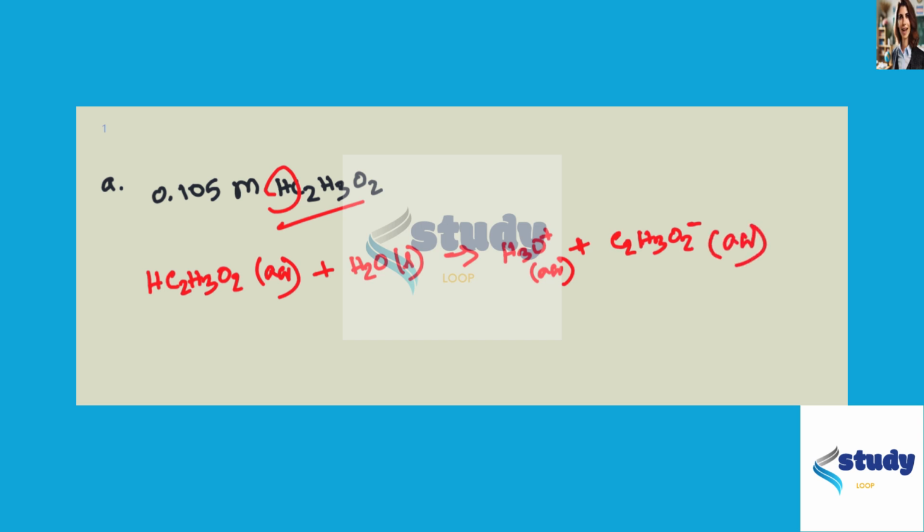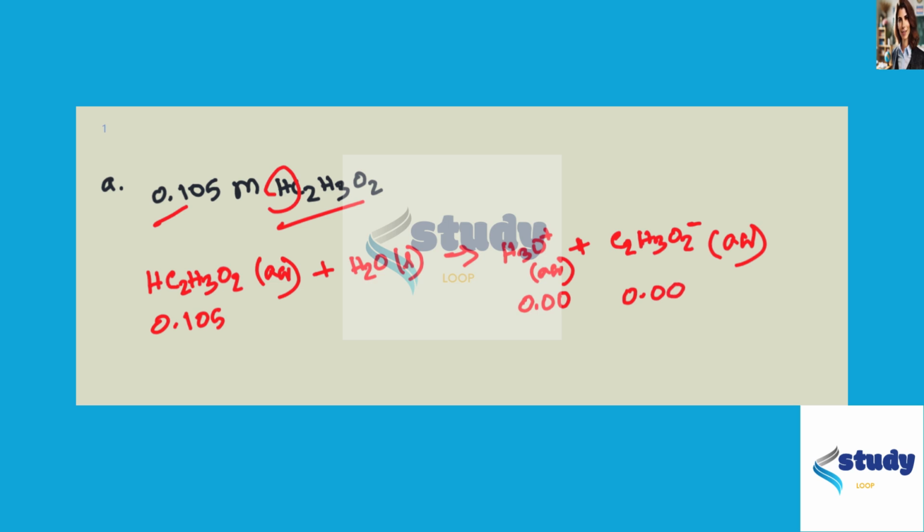Now, our initial concentration of acid is 0.105, and our initial concentration of the H3O plus is 0. Also, the initial concentration of the acetate ion is also 0.